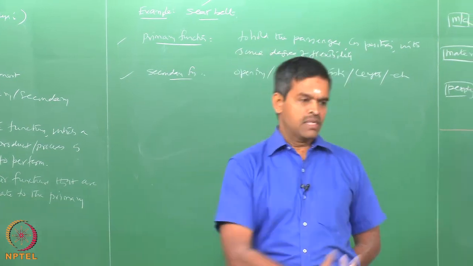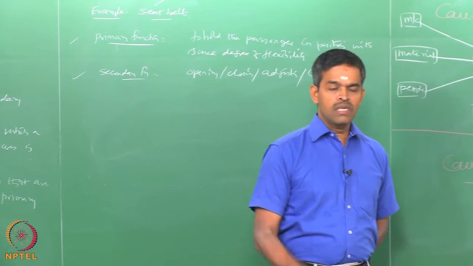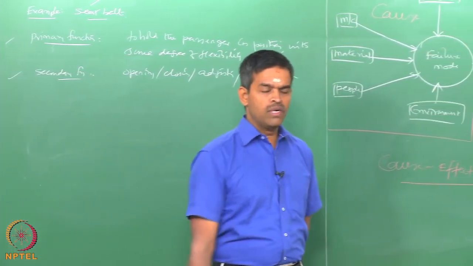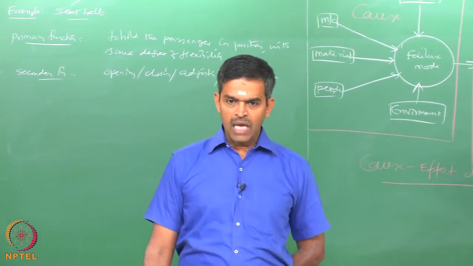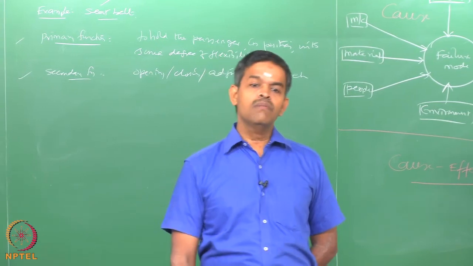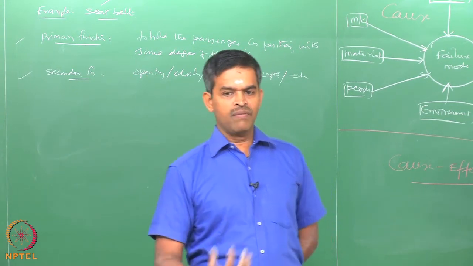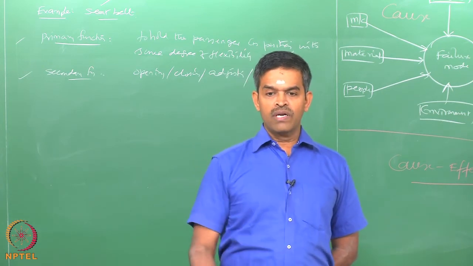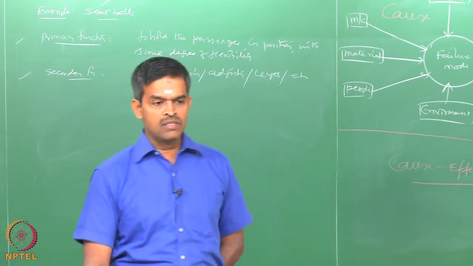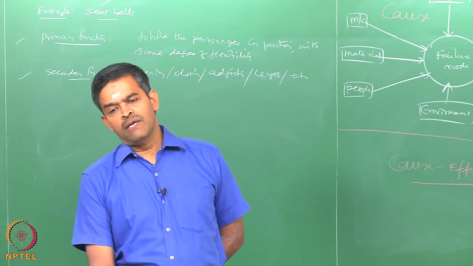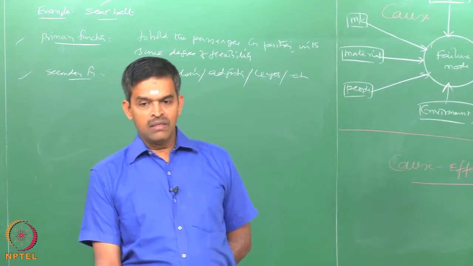So, the airbag is present in front of the steering column, which inflates and prevents the forehead of the driver or the co-passenger from hitting the dashboard.